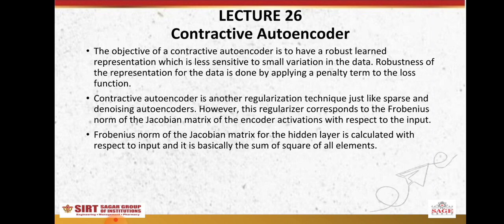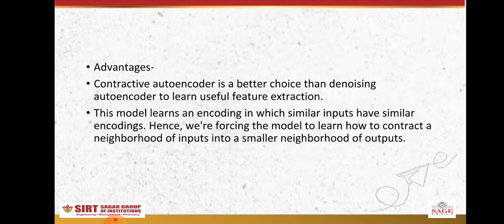Basically, the Frobenius norm of the Jacobian matrix for the hidden layer is calculated with respect to input, and it is basically the sum of square of all the elements. If we are coming towards advantages, the contractive autoencoder is a better choice than the denoising autoencoder to learn useful feature extraction.